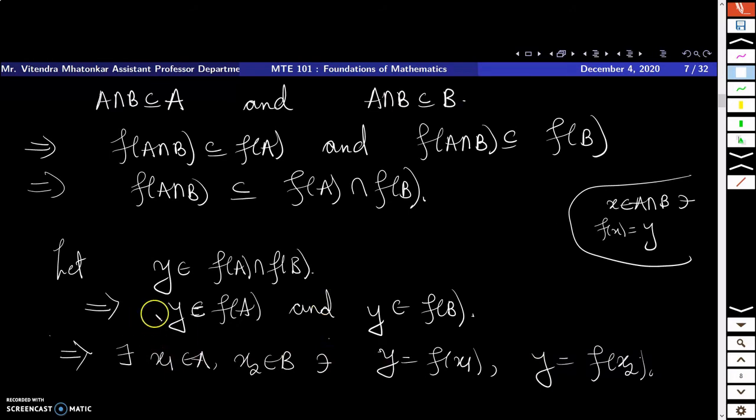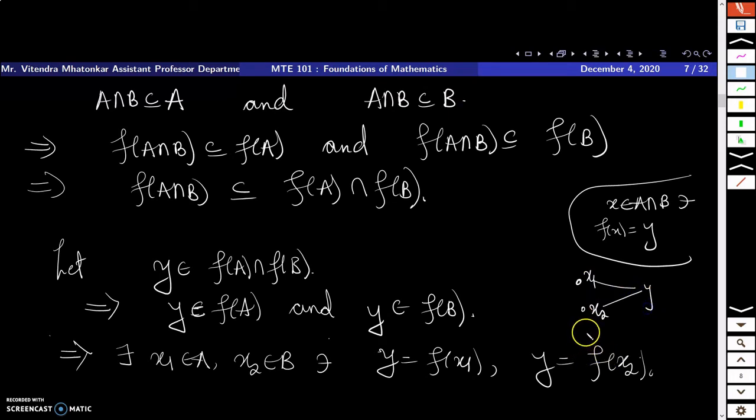But we don't know whether the point x1 is there in A as well as B, because so far with the information that I have, I only know that x1 is there in A and x2 is there in B, right? So it may happen that x1 and x2 are two different points possibly, which are mapped to the point Y.